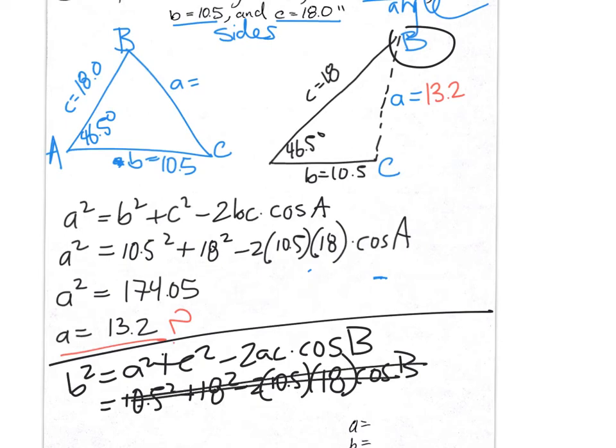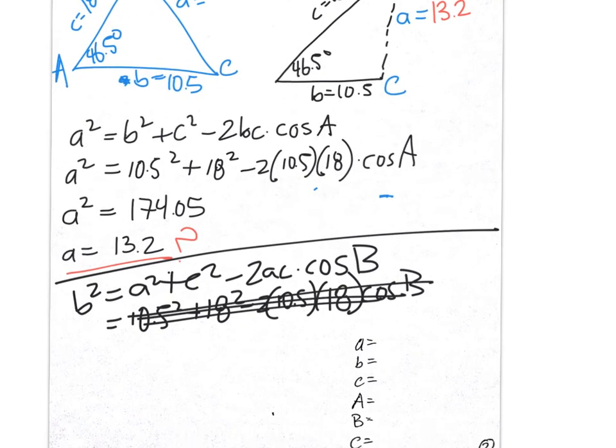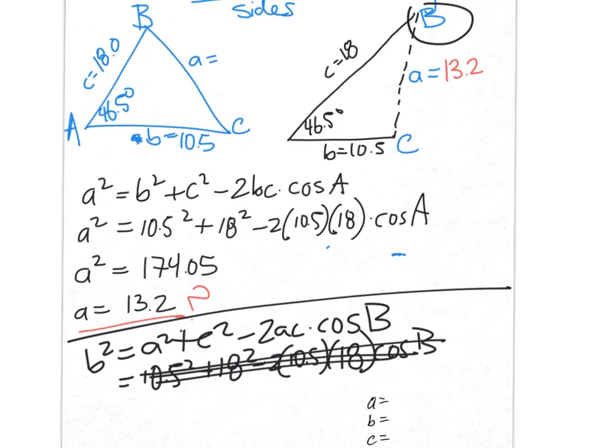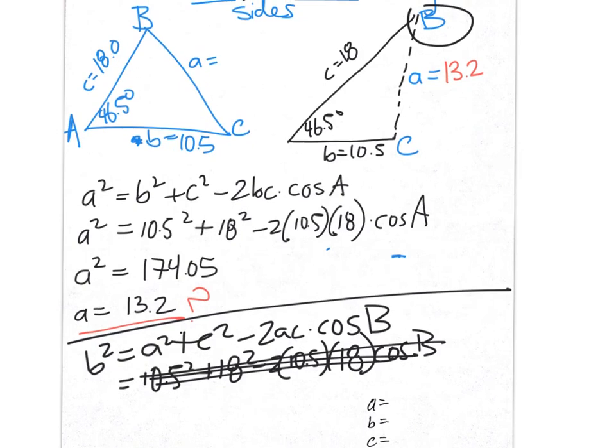I had that written and it looks totally wrong. So, in setting this up, I would be doing this. b squared, so 10.5 squared. Sorry about that typo there.